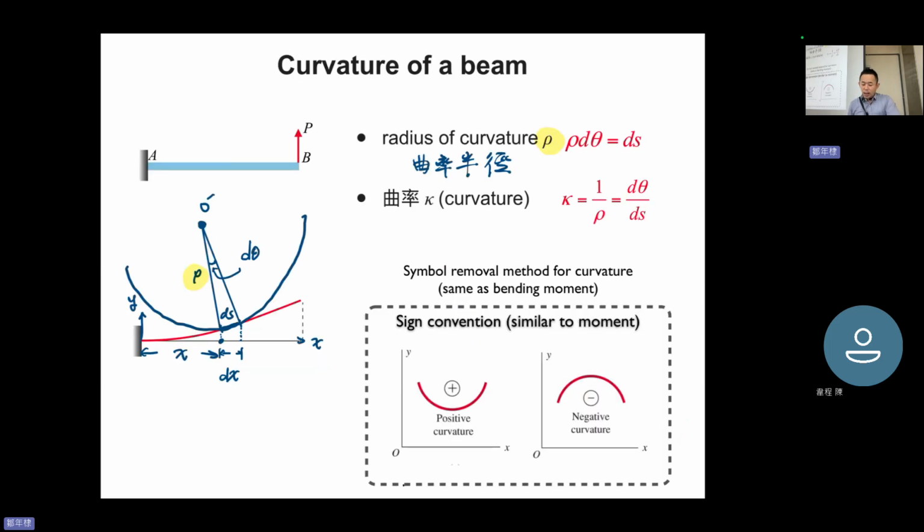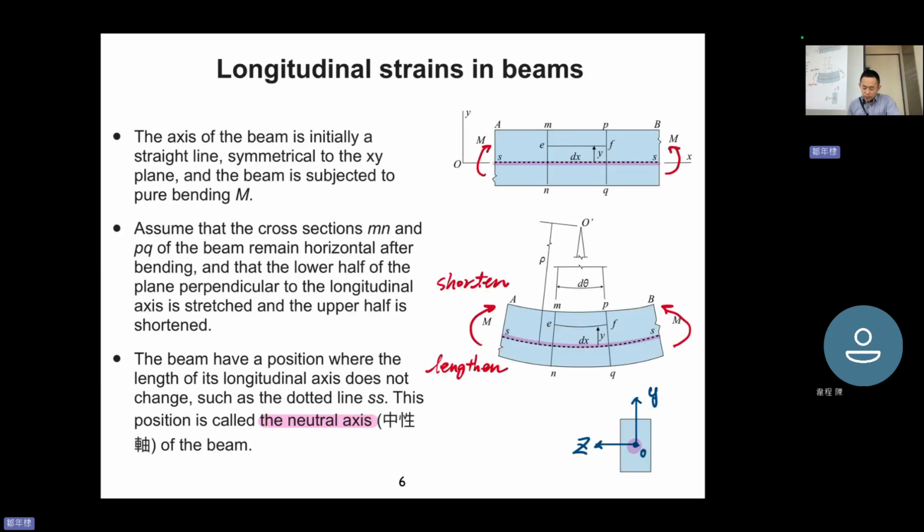plane. Because of the loading, you will see the deflection curve of the bend of the beam or of the material. To describe this curve, we need to use curvature or radius of curvature to see how it bends. Then we talk about when a material is subjected to a positive moment.